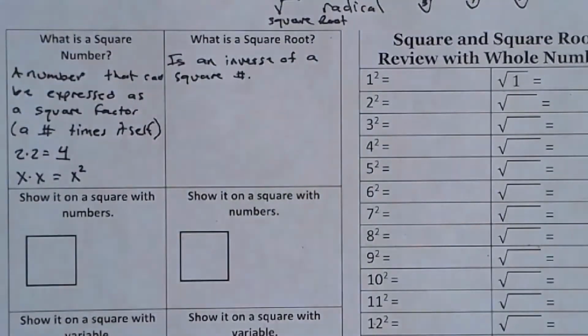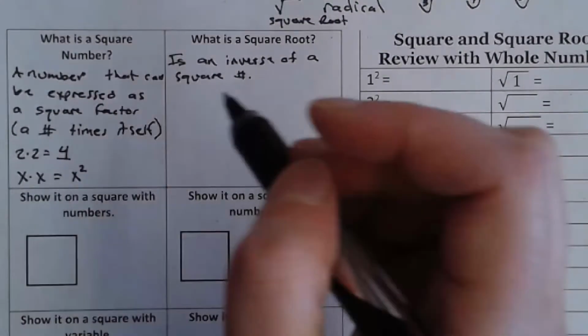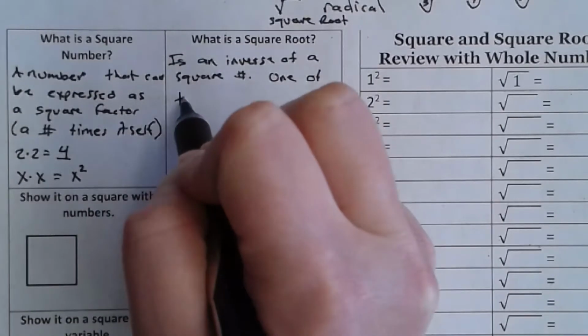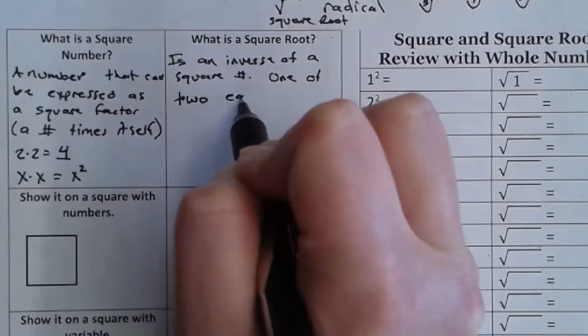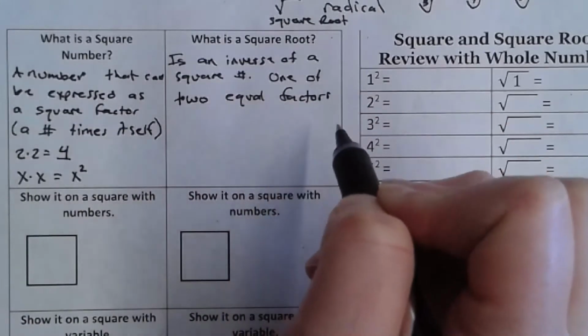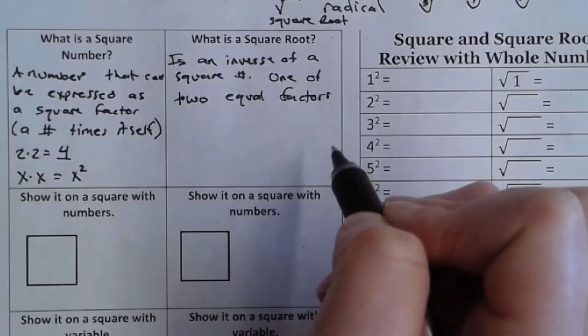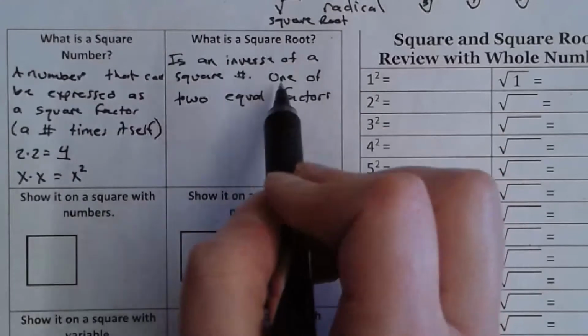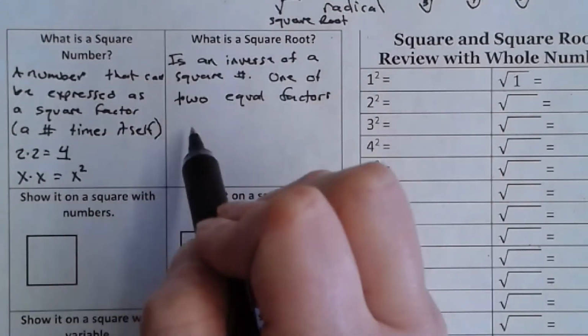The inverse of multiplication is division. So it's one of two equal numbers or factors. Factors are the smaller numbers that make up a bigger number. So 2 and 2 make up the bigger number of 4. So, one of two equal factors of a number.